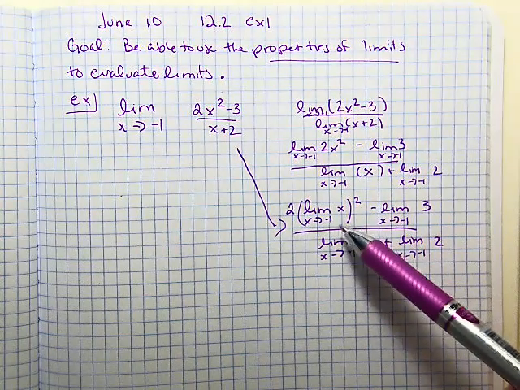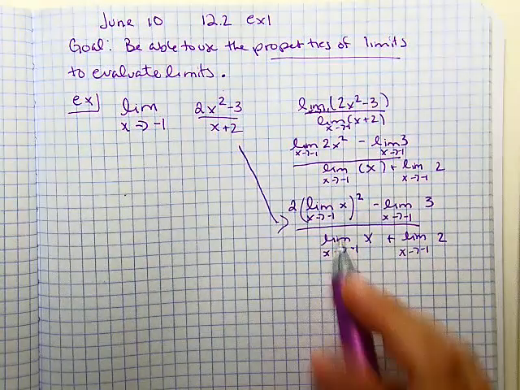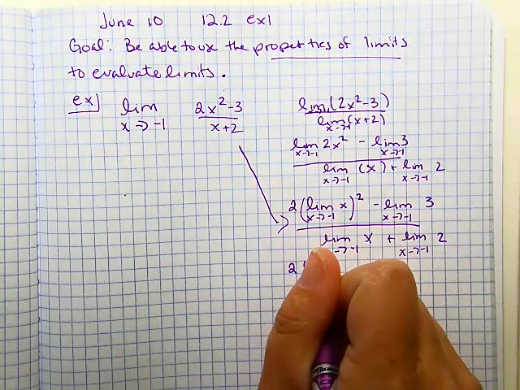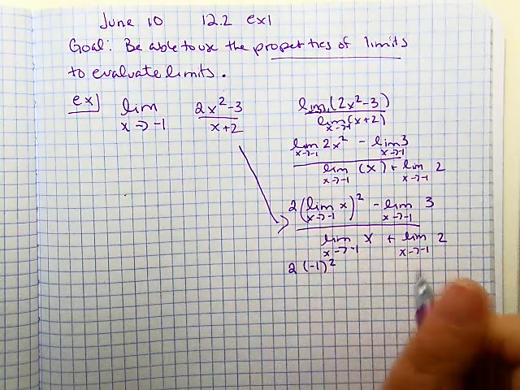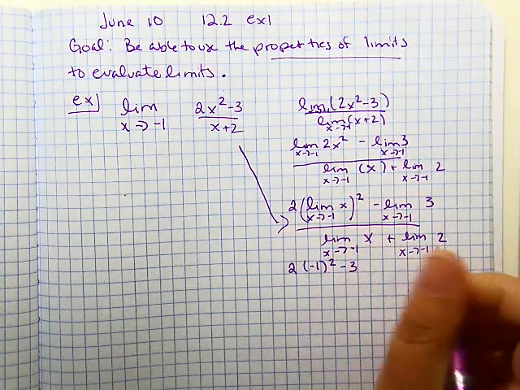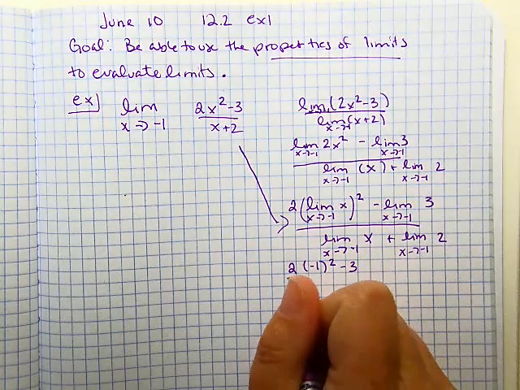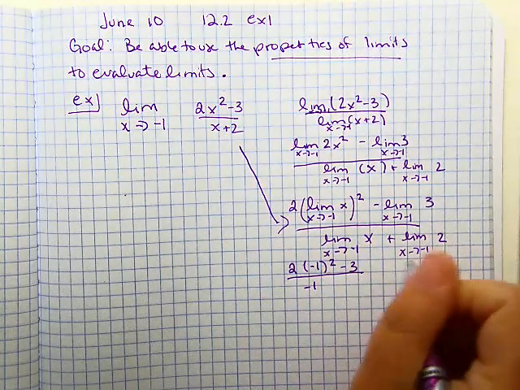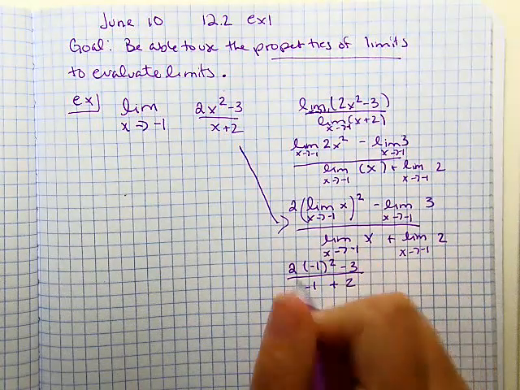So now we just evaluate. What happens is 2, the limit as x approaches -1 of x is just -1. And then the limit as x approaches -1 of 3, well, that's not affected at all because there's no x here. And then as x approaches -1 of x, that'll just be -1. And this will be plus 2.